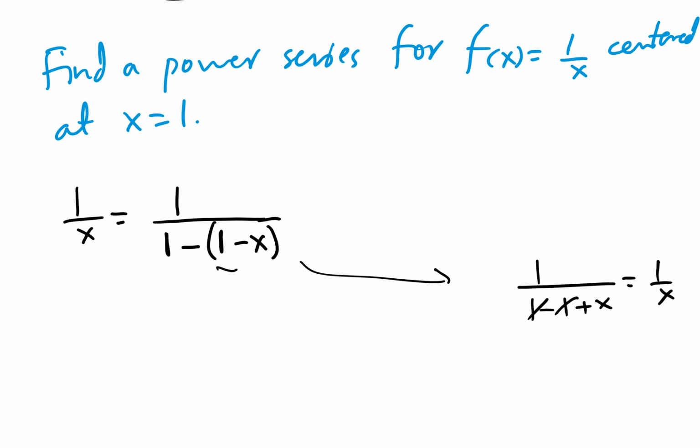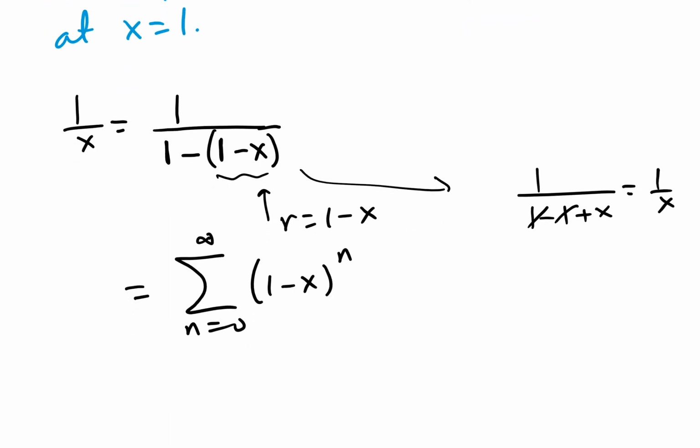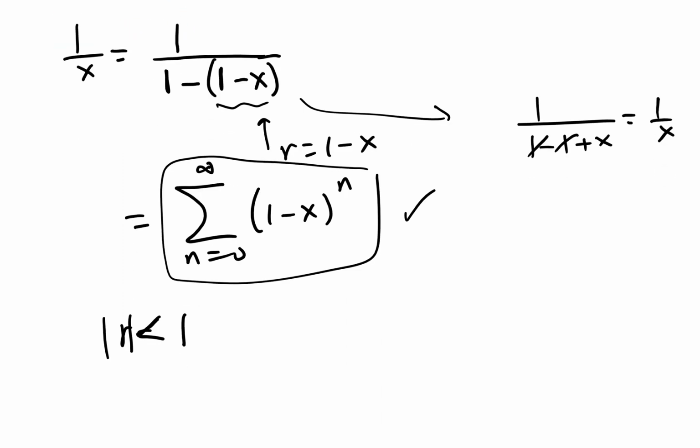So this tells me this is my r now. R is 1 minus x. So it's going to be the sum from 0 to infinity of r to the n, so 1 minus x to the n. This is the power series representation. If I want to find the interval of convergence, absolute value of r is less than 1.